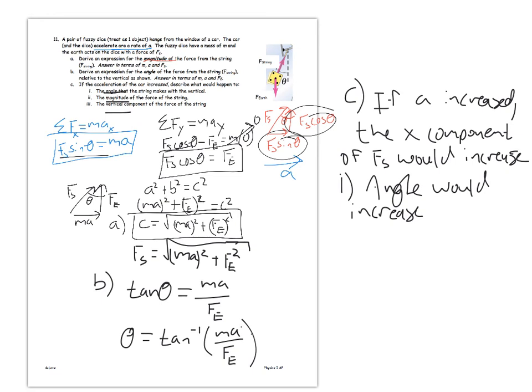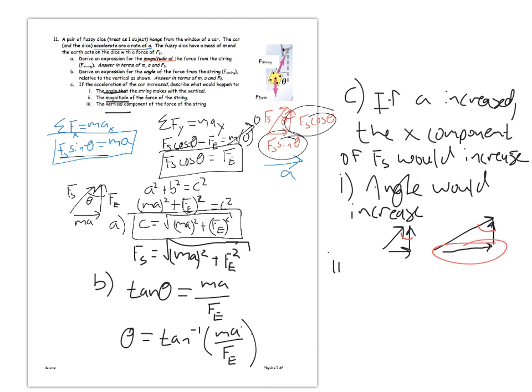If Fs goes from there with that particular x component, and we increase that x component, and I'm really going to exaggerate this, we see that the angle here is obviously more than the angle there. So by increasing that x component, we increase the angle.